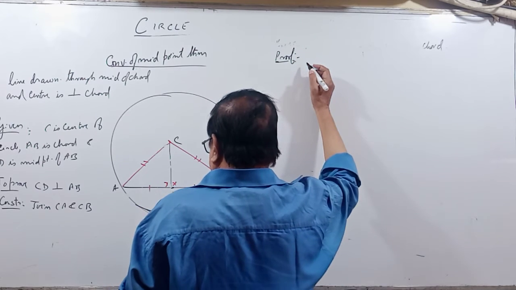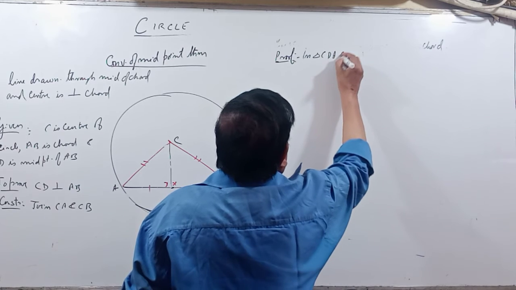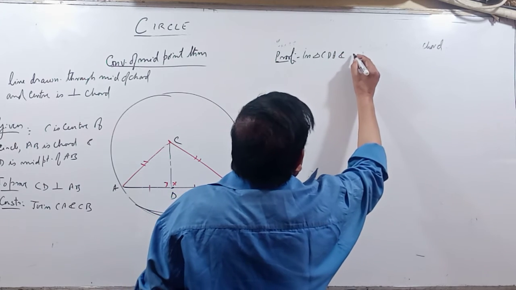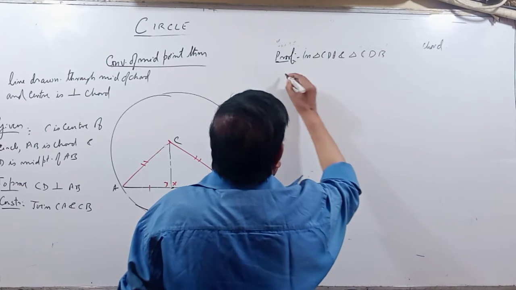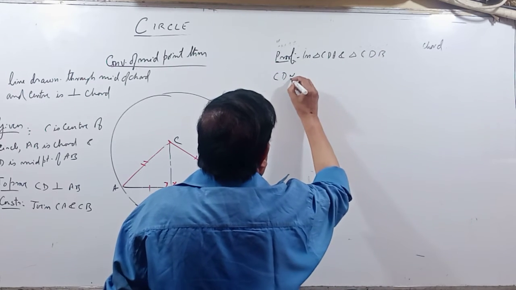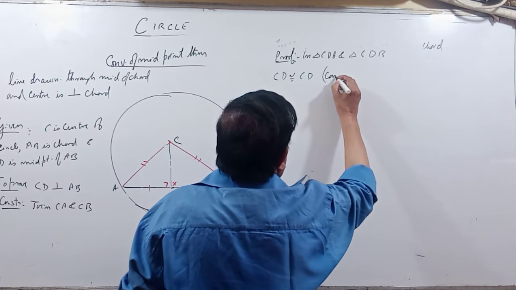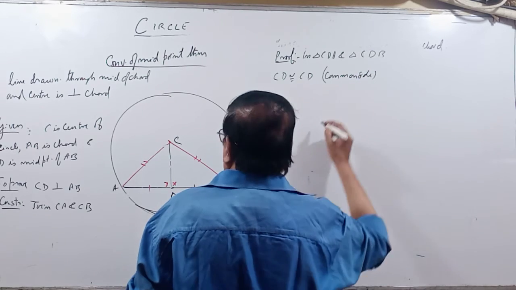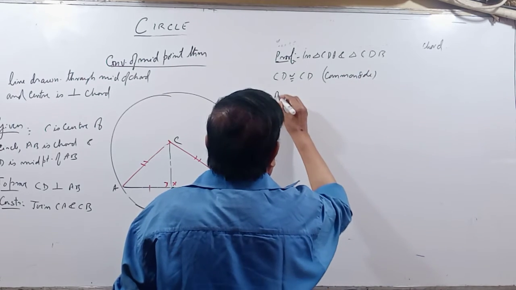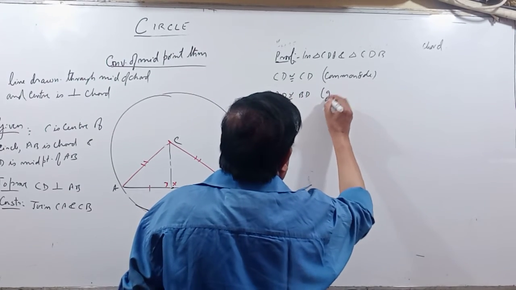In triangle CDA and triangle CDB, CD is congruent to CD, common side. AD is congruent to BD, given.